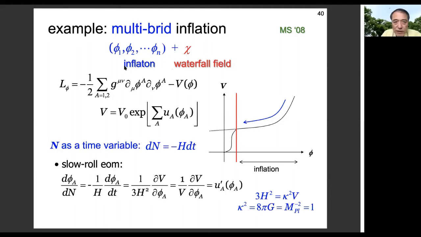So in the Lagrangian, essentially this is just a kind of parameter field, so it doesn't contribute to the number of e-folds. For simplicity, you just assume that it fixes the end of inflation surface in this field space.